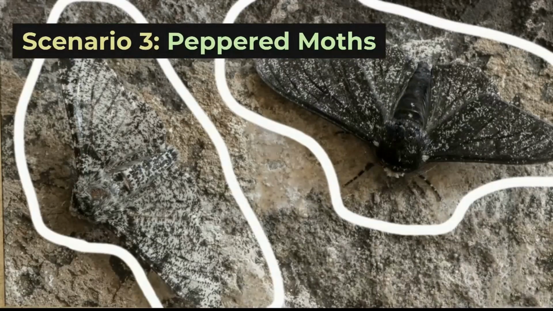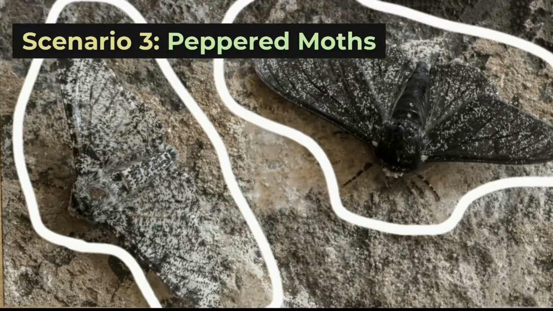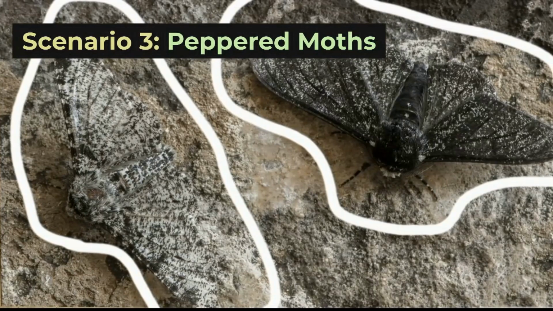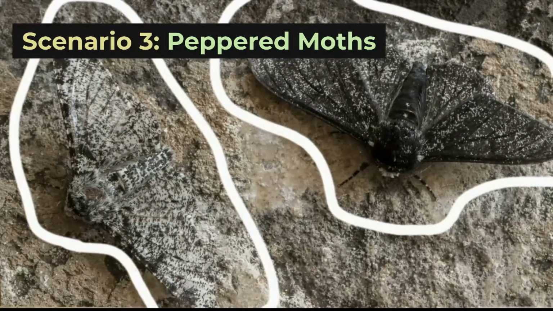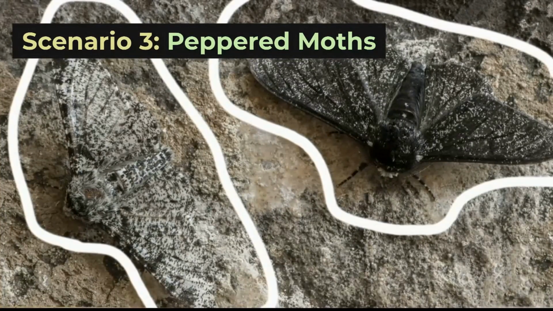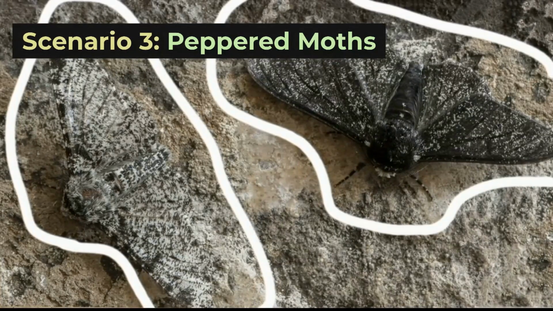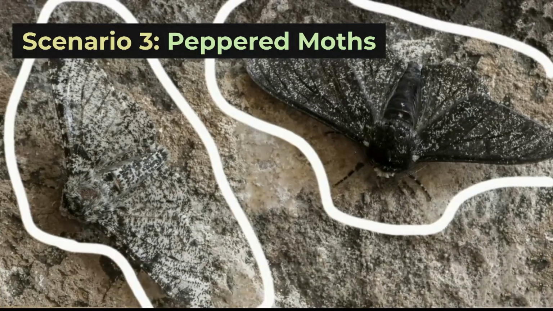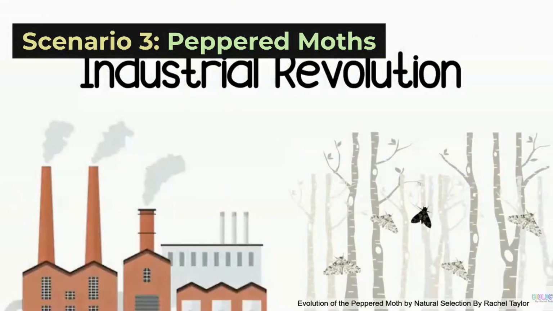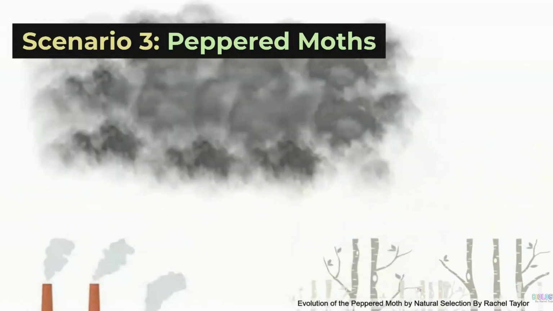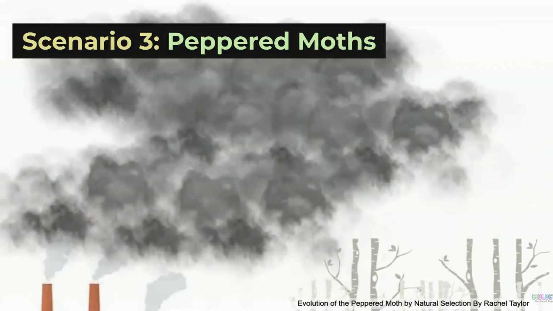Lastly, let's look at the classic example of the peppered moths. In a population of peppered moths, you find both dark-colored peppered moths and light-colored peppered moths. Originally, light-colored moths were more prevalent because their habitat had light-colored trees. But as the Industrial Revolution took place, industrial pollution led to the darkening of tree trunks due to soot deposits.